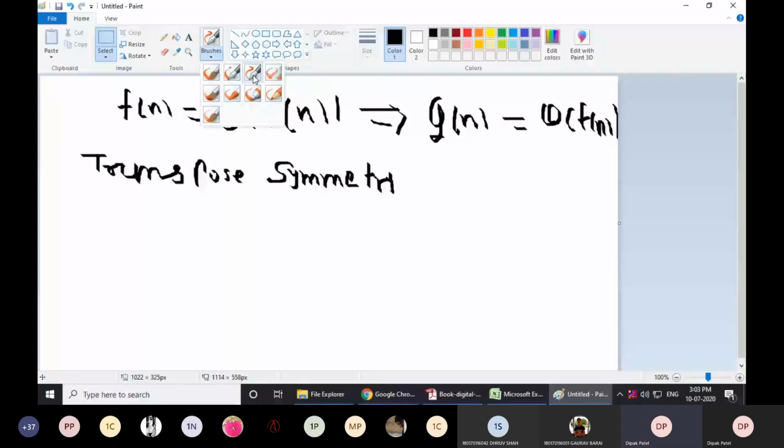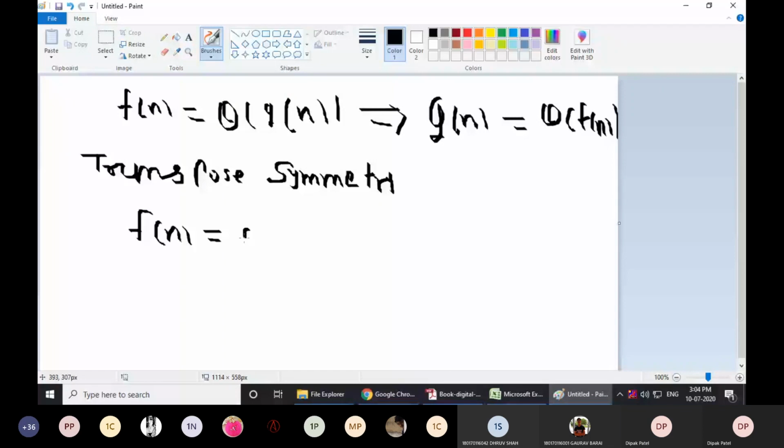Here we can say that Fn is big O of Gn if and only if Gn is, take its transpose, omega of Fn, right?